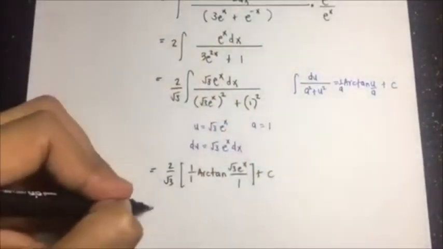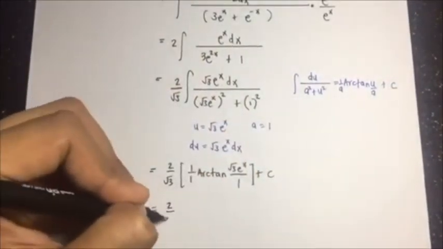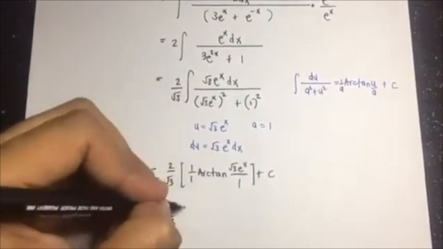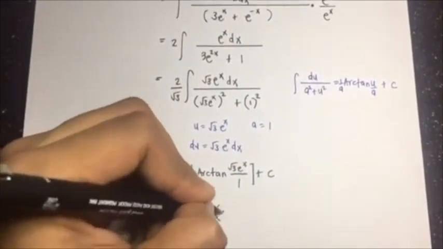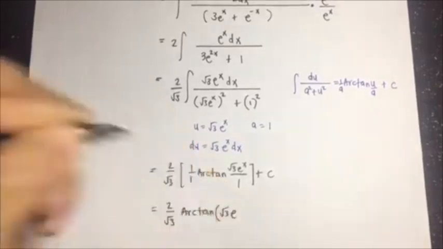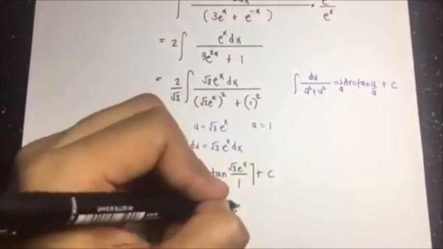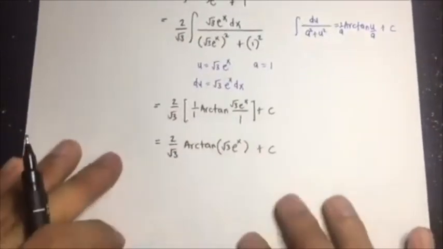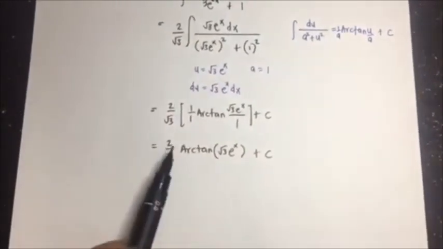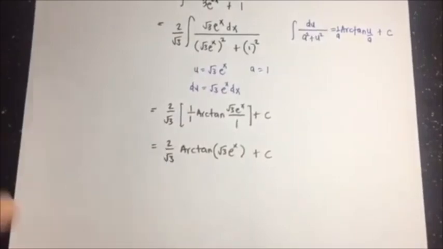Okay, so rewriting that, we will have 2 over square root of 3 arctan of square root of 3 e raised to x plus c. Okay, so you can also rationalize this.